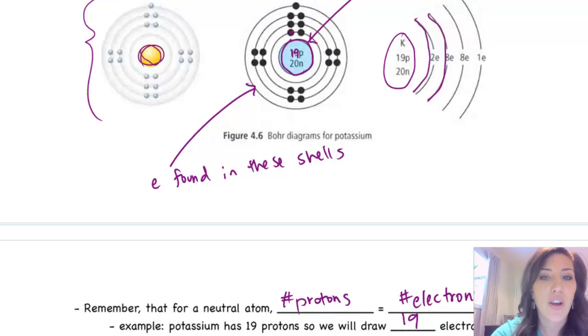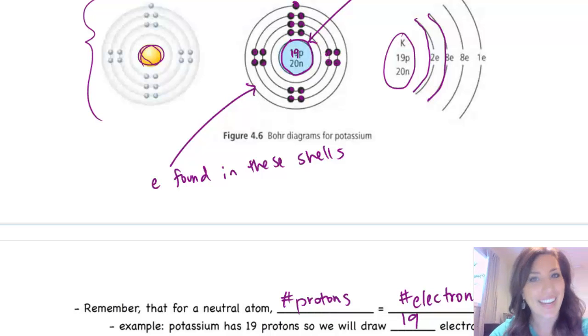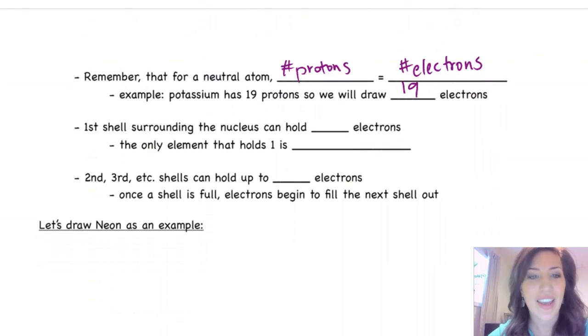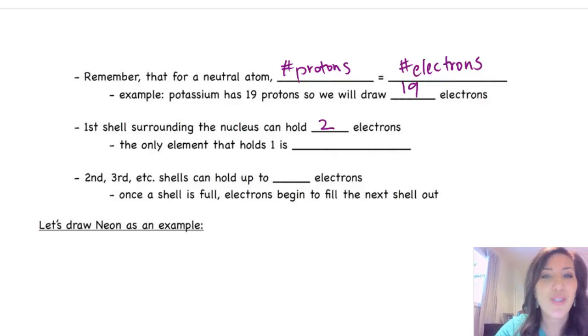We have 1, 2, then 3, 4, 5, 6, 7, 8, 9, 10, 11, 12, 13, 14, 15, 16, 17, 18, and 19. Woohoo! So the first shell surrounding the nucleus can hold up to 2 electrons.